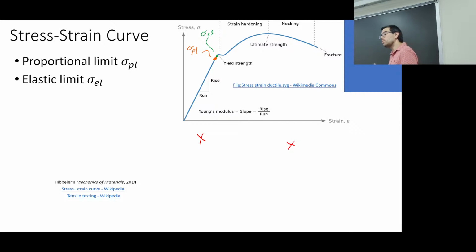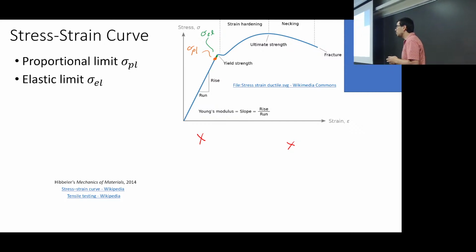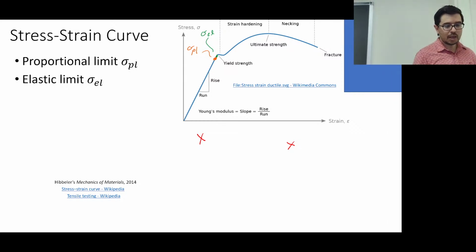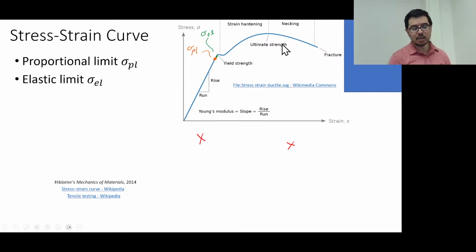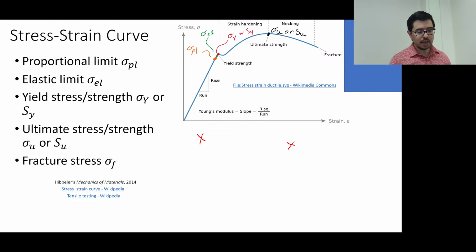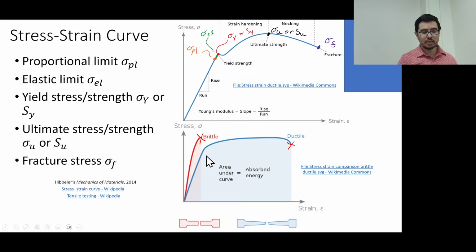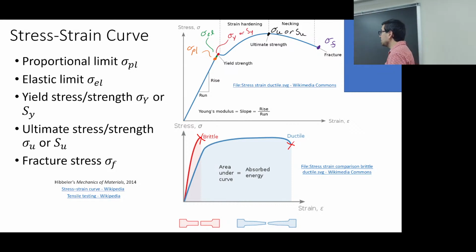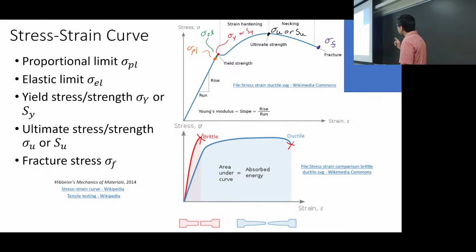A brittle material, we'll talk more about ductile and brittle materials. But with brittle materials, you're not going to see this type of behavior. When I say this, I mean the nice long plastic region. What you're going to see instead is this. It goes up and bang. That's it. You see that red line?